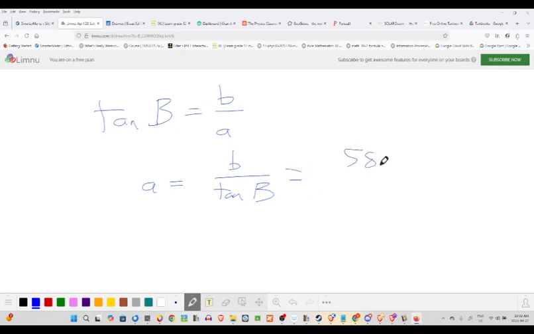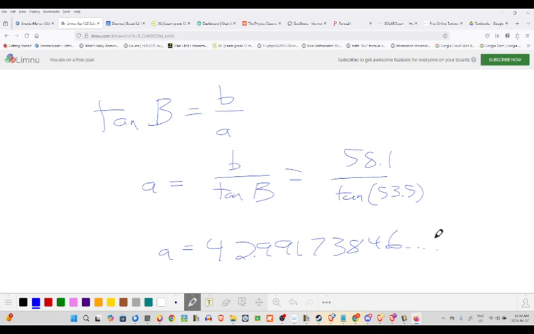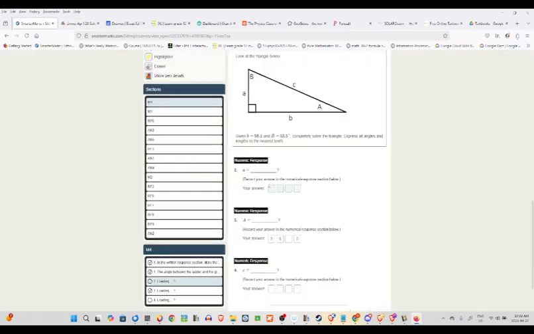So that's 58.1 units over the tan of 53.5 degrees. 58.1 divided by the tan of 53.5 works out to 42.99173846. So to the nearest tenth, that works out to 43.0.